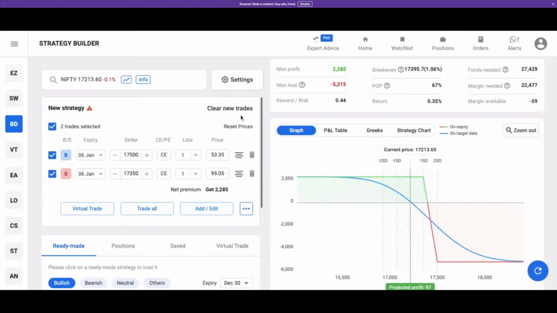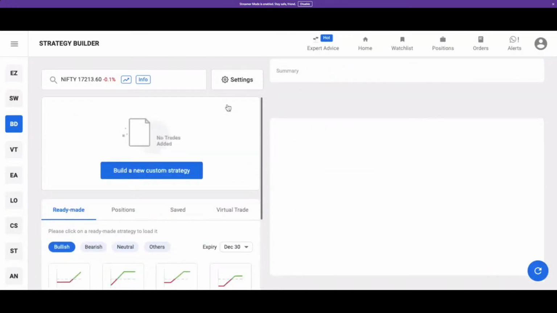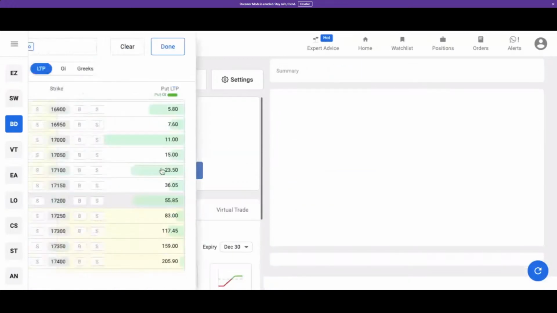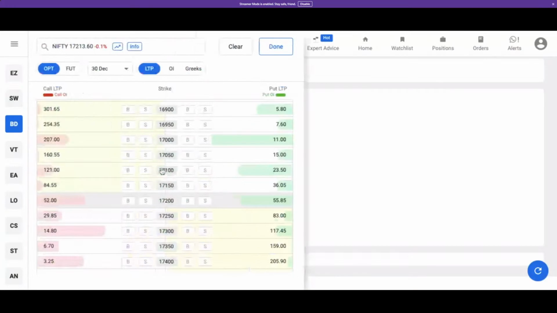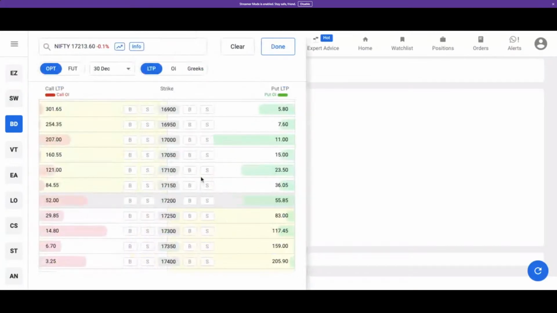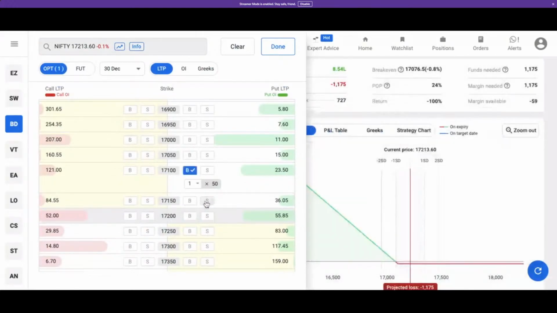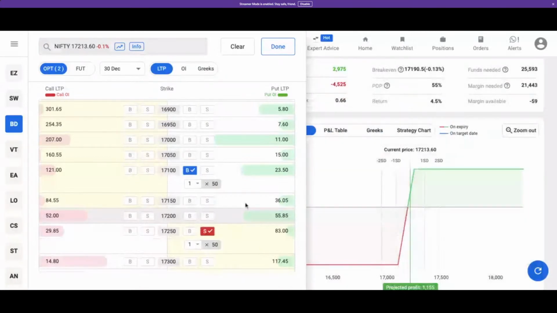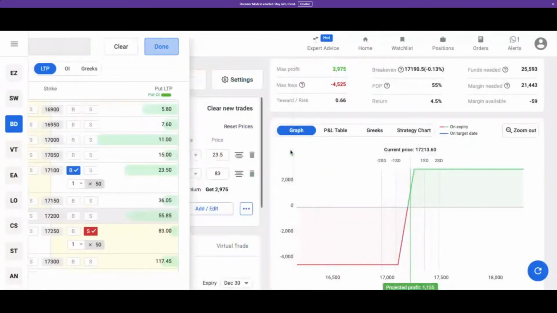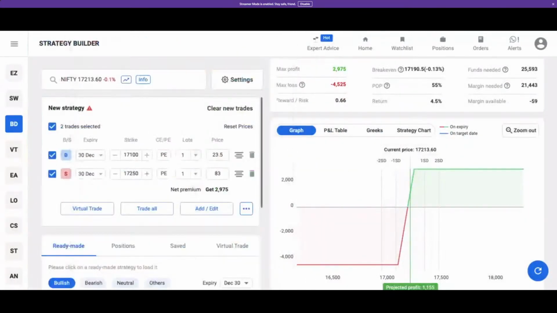Okay. We can just see that play out. Just buy something out of the money here. Okay, so this is basically it, and everything remains the same.